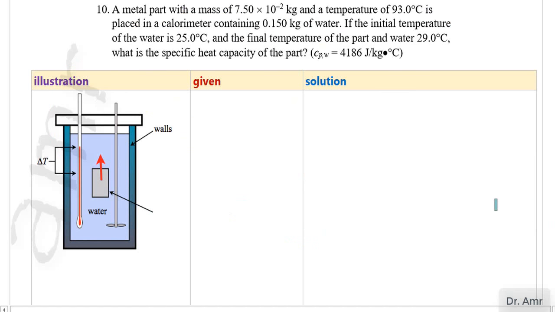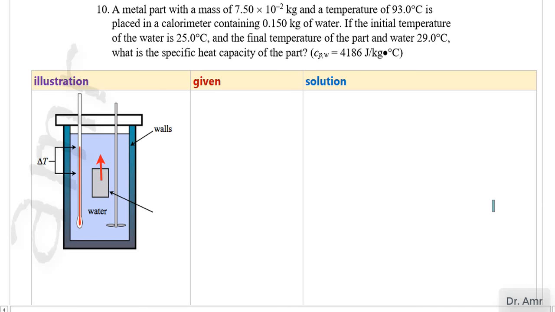Question number 10. Problem. بتقول a metal part with a mass of 7.5 times 10 power negative 2 kilogram and a temperature of 93 degrees Celsius is placed in a calorimeter containing 0.150 kilogram of water.